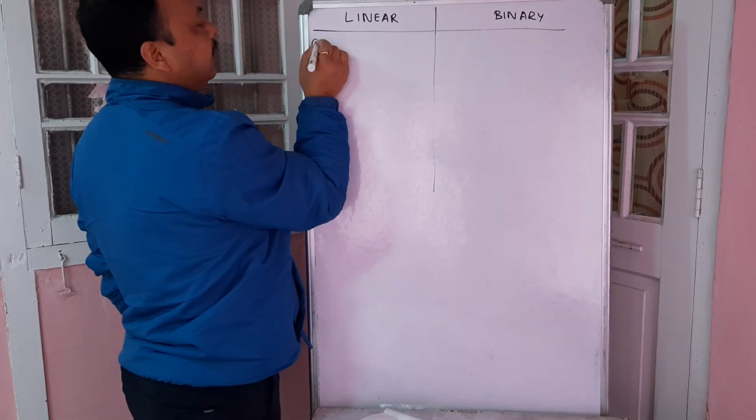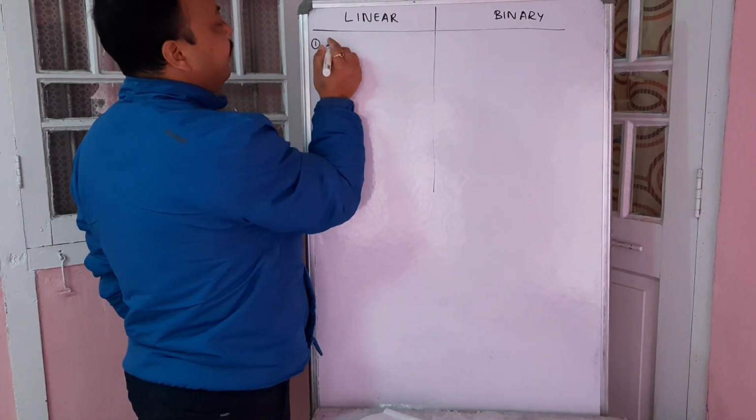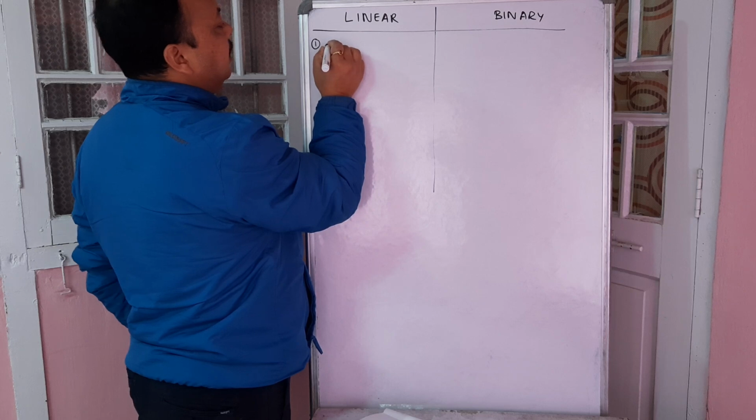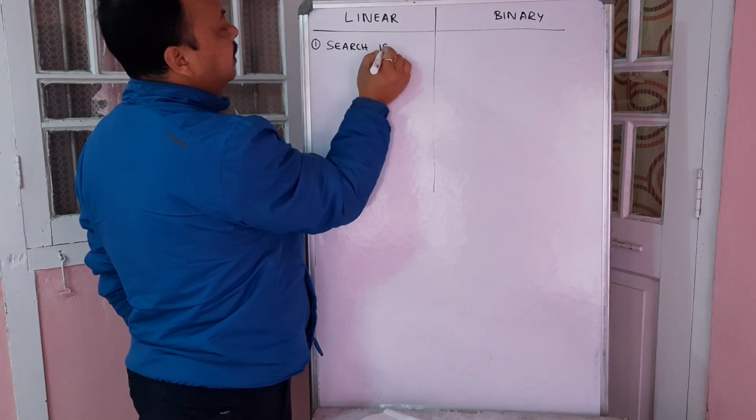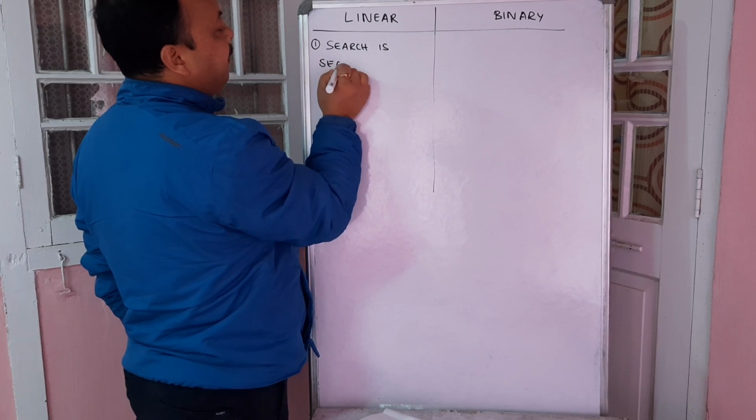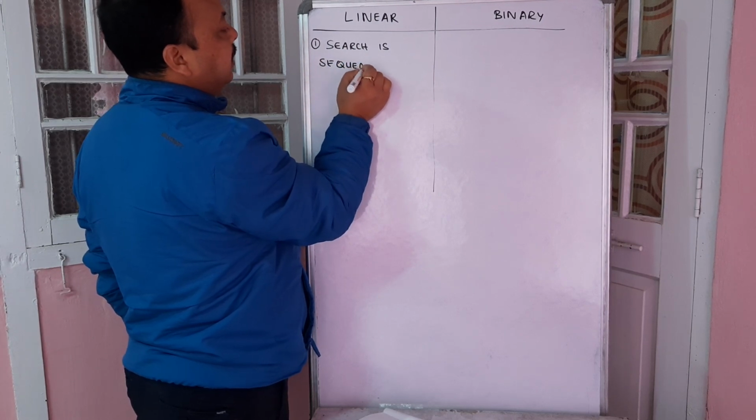Linear search: the first point of difference is that the search is sequential.